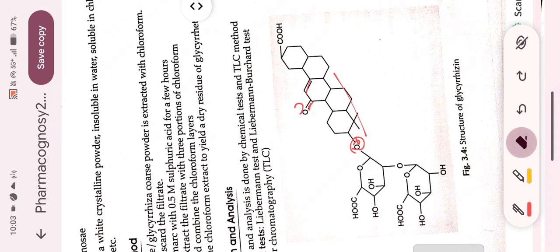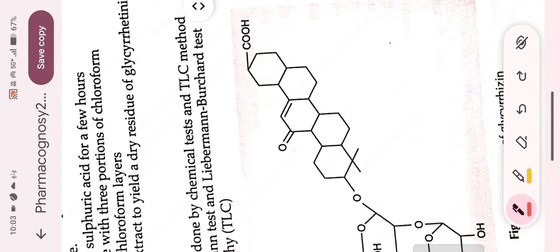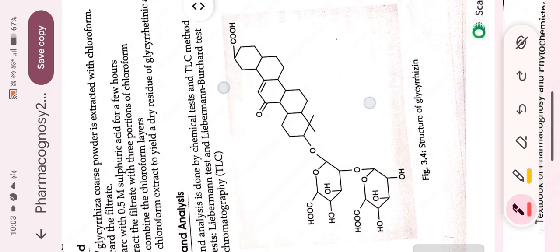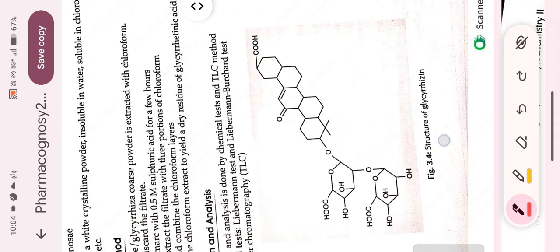This is what it's connecting, right? I think it's very easy. It's not complex. See, glucose structure, this H is replaced with this connection. So you can write this structure here.